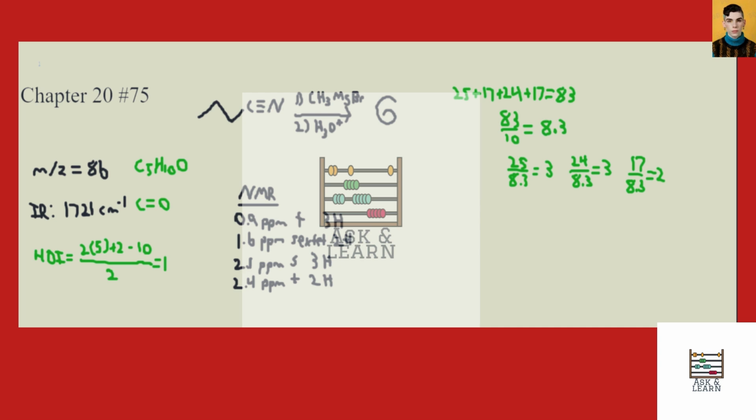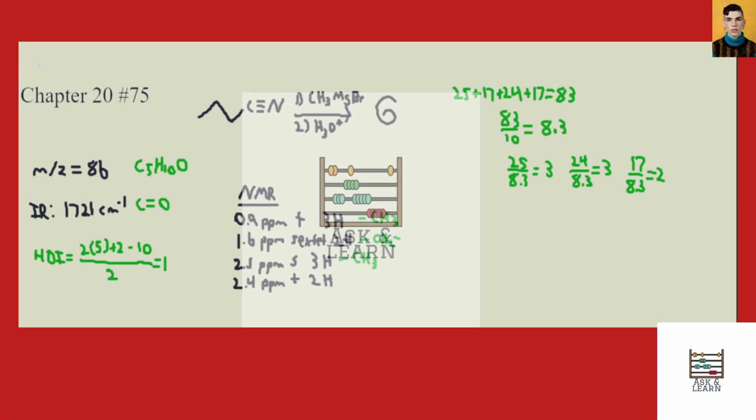Okay, so we have a triplet at 0.9 ppm with an integration of 3. This is almost certainly a methyl group. We have a sextet at 1.6 ppm with an integration of 2, so this is probably a methylene group. The 2.1 ppm singlet with an integration of 3 is probably another methyl group with no neighbors, since it's a singlet.